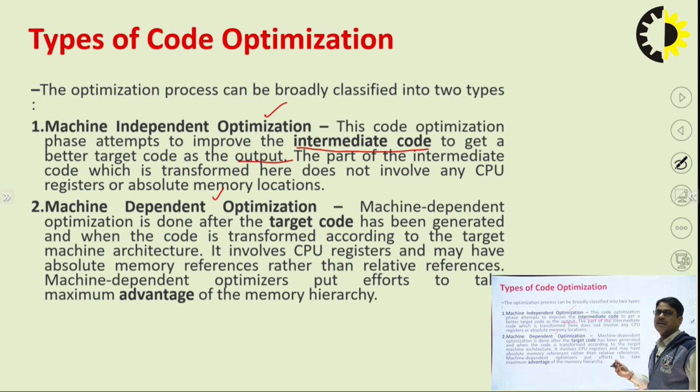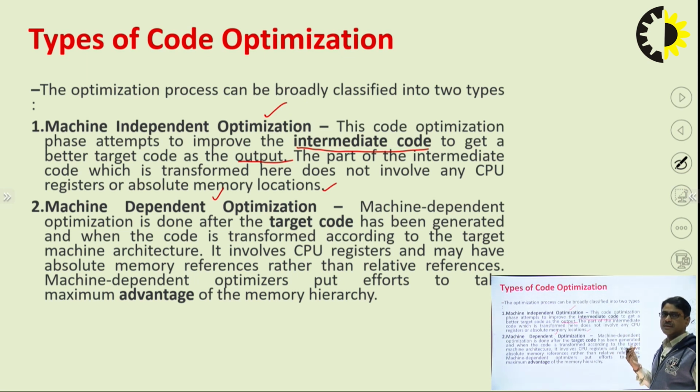But if some things are left during the code optimization phase, we have to apply optimization on the target code. The part of the intermediate code which is transformed here does not involve any CPU register or absolute memory location. That is very important, because it is overall the program part. This is the instruction format and does not depend upon the hardware.